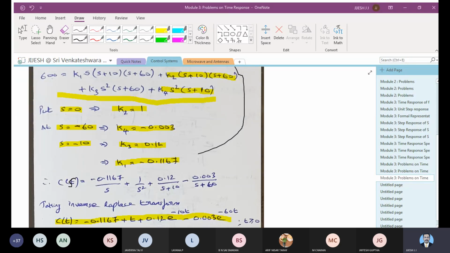One of you, I want you to post these very basic equations of Laplace and inverse Laplace in the group today itself. Any doubts? Is it clear for everyone? Yes, sir. Okay, so this is the final equation you are going to get.